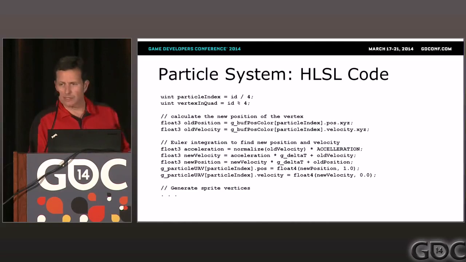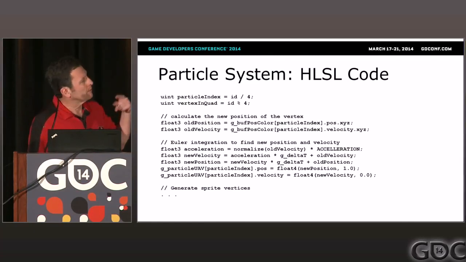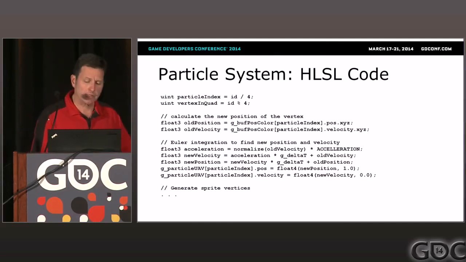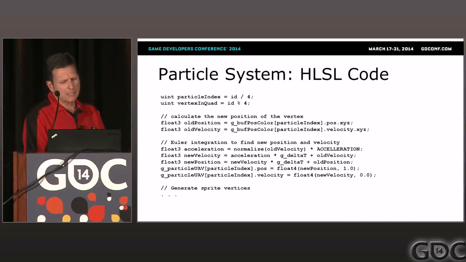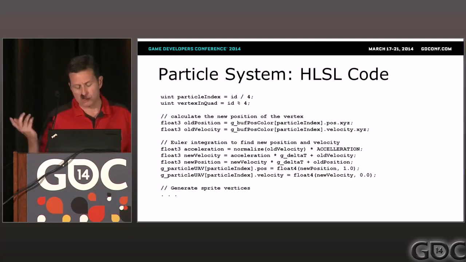And then we use a delta t that gets passed in as part of the constant buffer, and use that for doing the integration to find the new velocity and the new position, and then save that out as a state. In this example, I was using an SRV to read in the particle state, but you should be able to just use the UAV for both reading and writing. So just a single UAV.